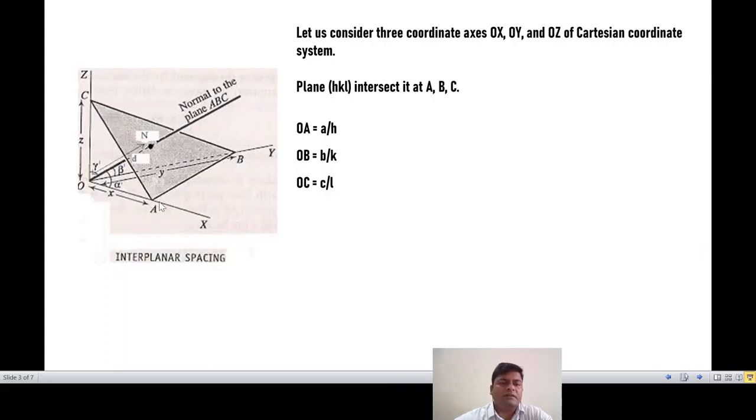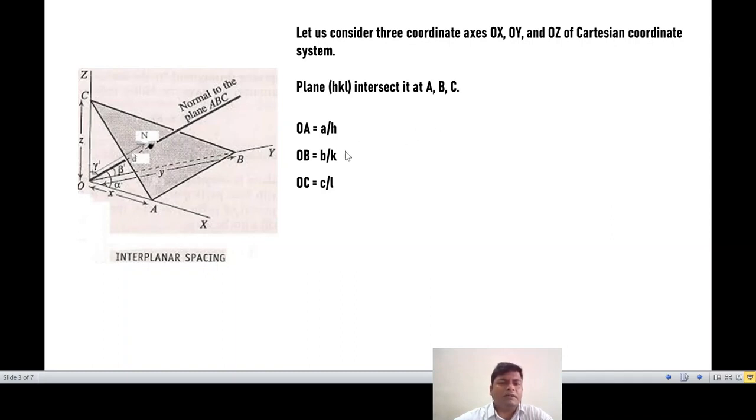This HKL plane intercepts the coordinate axes: on the x-axis it meets at A, on the y-axis it intercepts at B, and on the z-axis it intercepts at C. The intercept distances along the x, y, z axes are considered x, y, z.